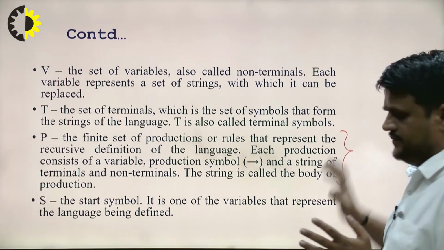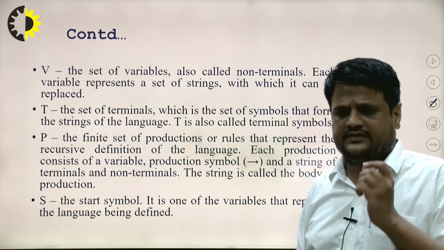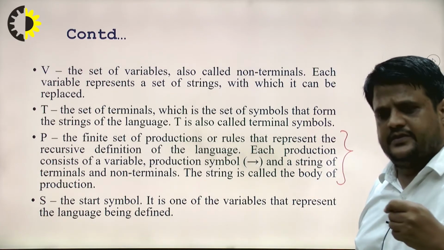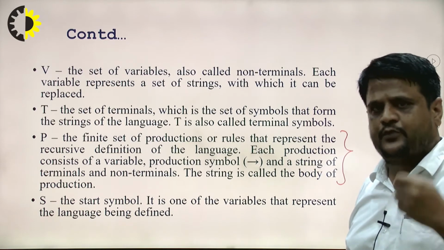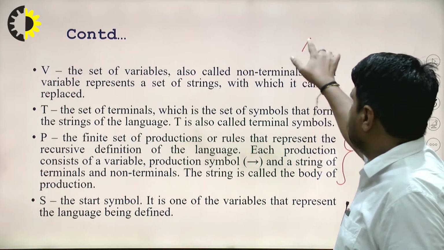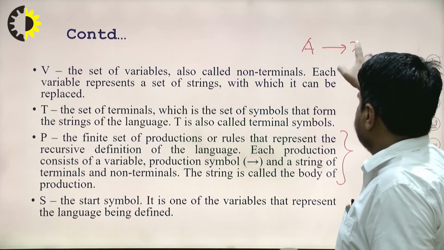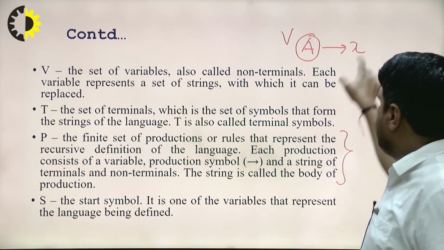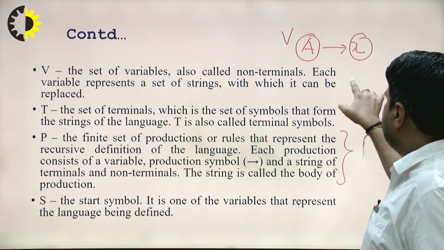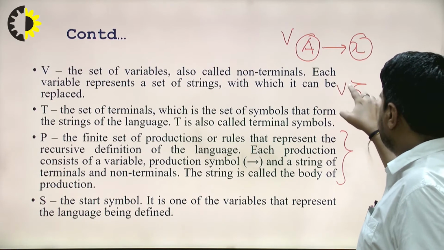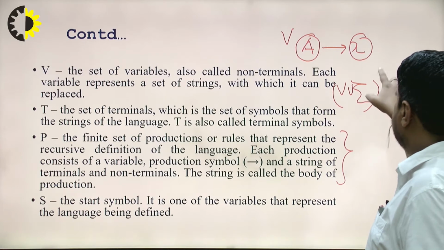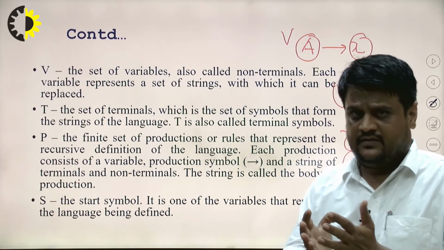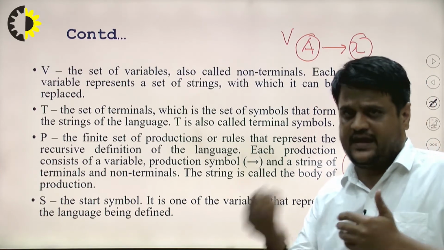In simple terms, a context-free grammar is restricted on the productions, and the productions are of the type A tends to X, where A belongs to the set of variables, and X belongs to (V union sigma) star, meaning variables as well as terminals.